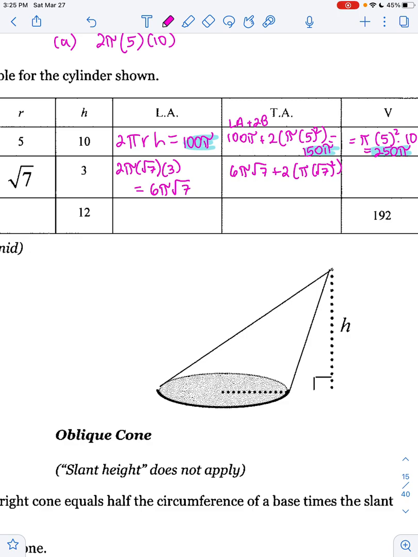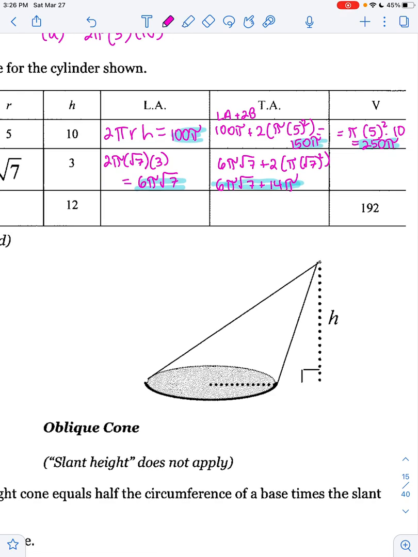If we square radical 7, it'll undo the square root, so we're left with just 7 inside. So rad 7 times rad 7 is just 7. 7 times 2 is 14 pi. So our final total area is 6 pi rad 7 plus 14 pi. And we can box our answer here or highlight. That's lateral area, total area.